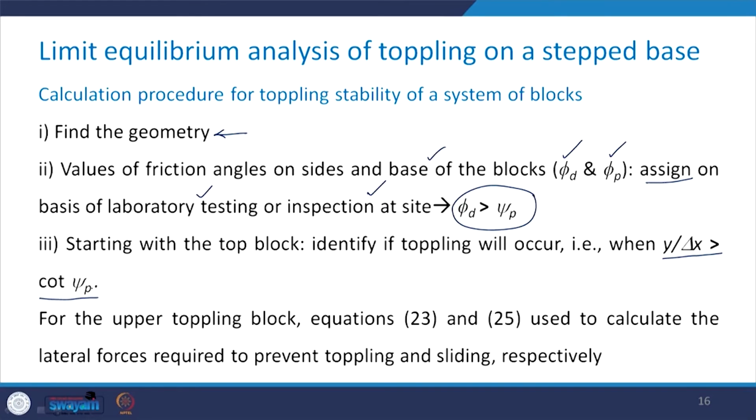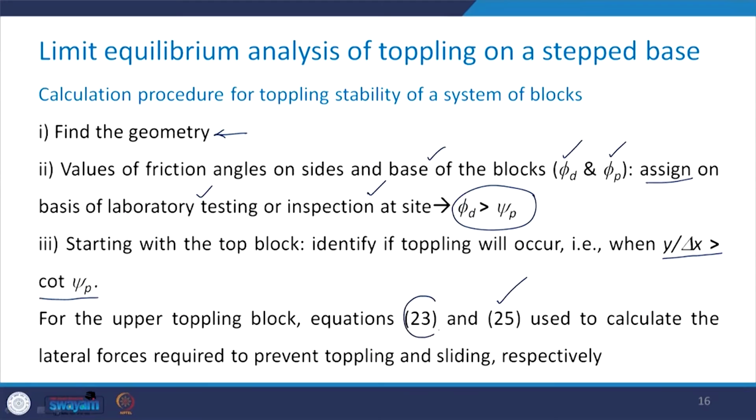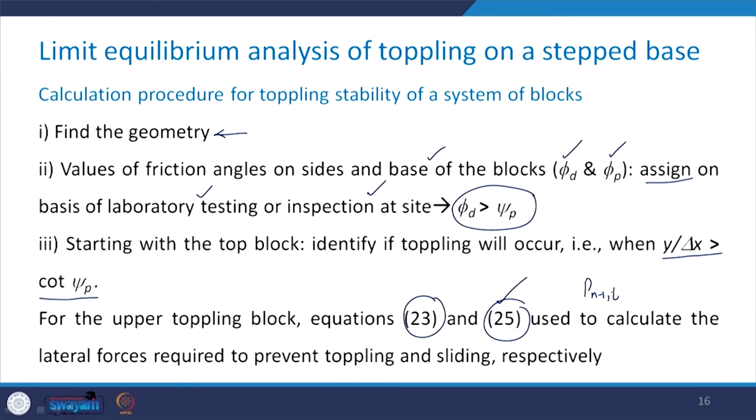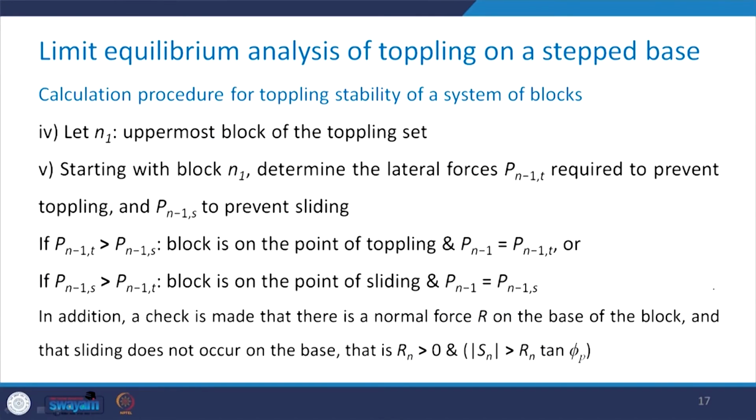Now for the upper toppling failure, just now we obtained equations 23 and 25. These would be used to calculate the lateral forces which are required to prevent the toppling and sliding respectively. So we will use equations 23 and 25 in order to get Pn minus 1 comma t and Pn minus 1 comma s.